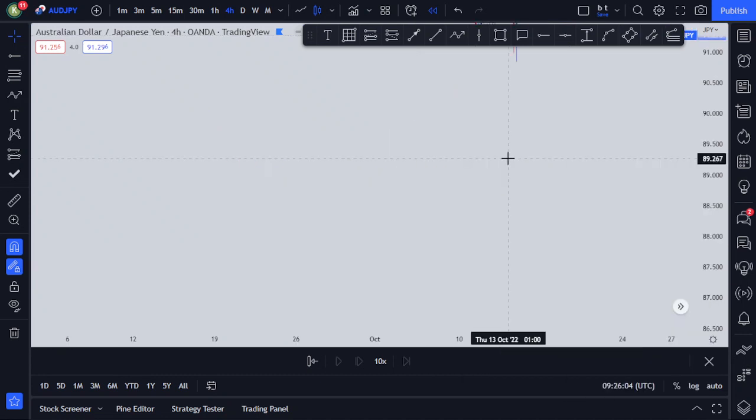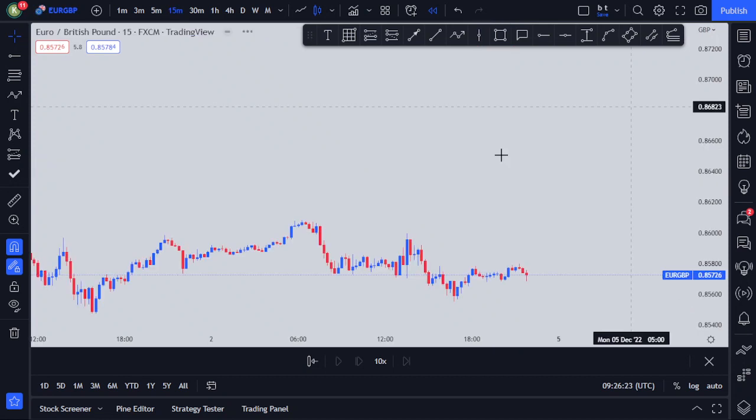Now the first example is the trade I'm in, AUD JPY. Let me use a different broker. I took the entry in 50 minutes.